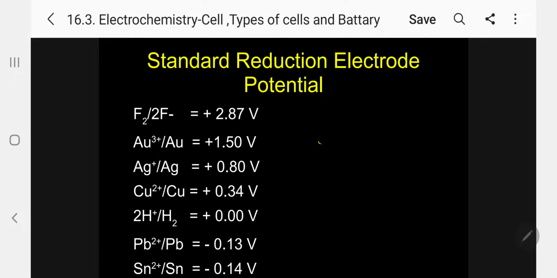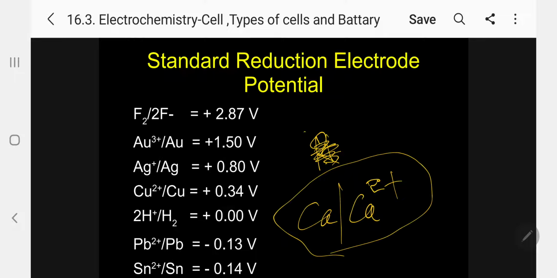With metals like potassium or sodium, you have to use an amalgam. So let me say calcium bar calcium 2 plus. This should always be on the left side. Kindly follow. Reduction potential means automatically the less negative metal, the more positive.